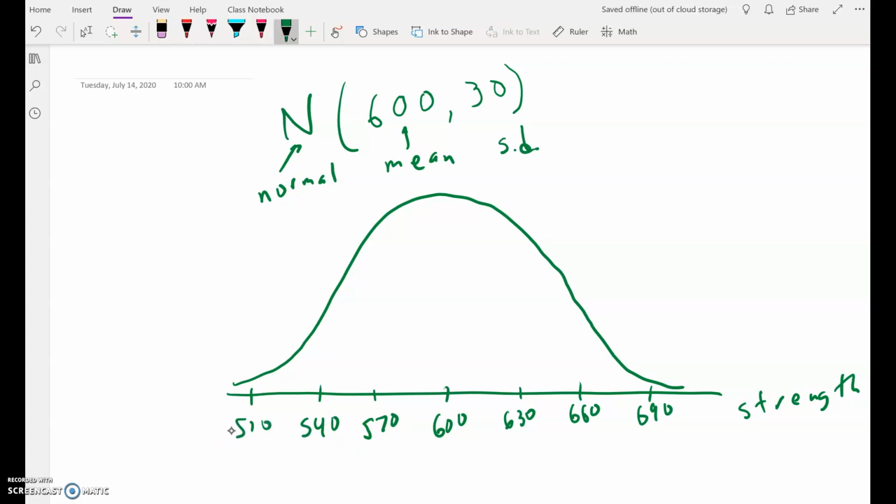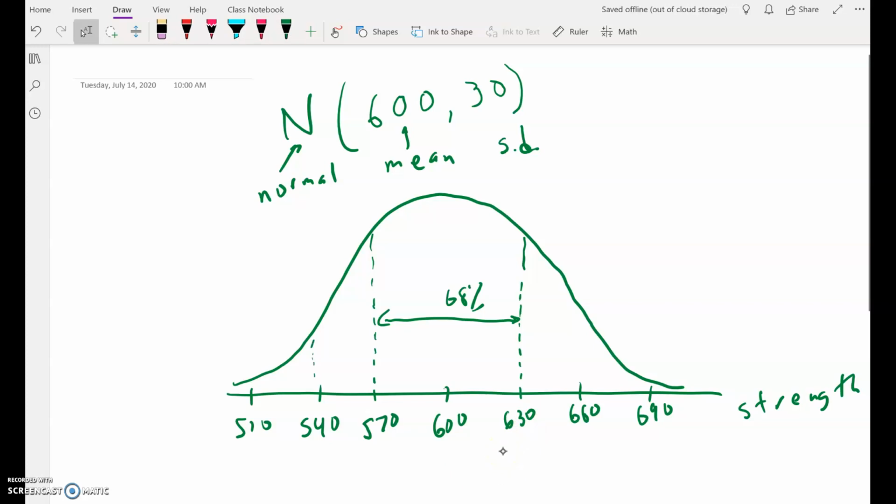Now, according to the 68-95-99.7 rule, we can draw a little dotted line if you like, or a solid line, up to you. We know that 68% of the rivets will have a shear strength between 570 pounds and 630 pounds.